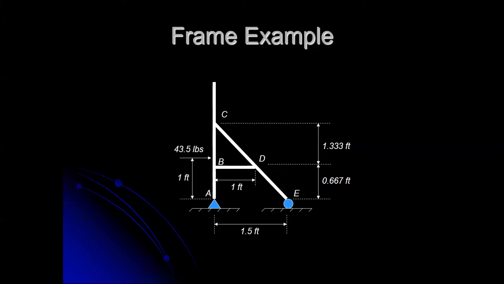But we've got that rail, BD, at 2/3 of a foot up, 0.667 feet. And then 1.333 feet up, we've got that. So let me label the joints: C, D, E, B, and A. All right, let's switch over to the page.